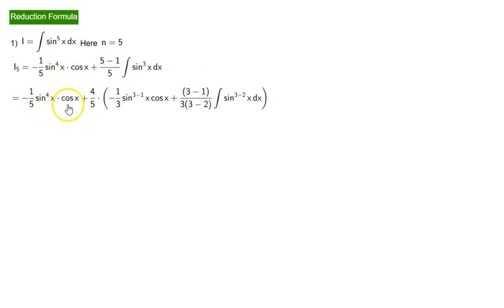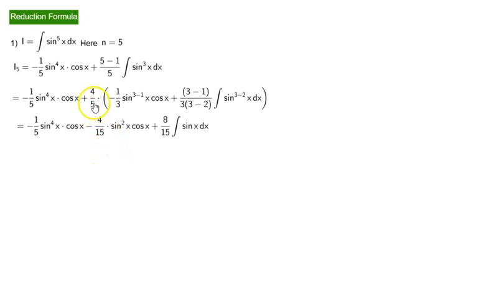First term remains the same, plus this becomes 4 by 5 times, applying the formula again for sine cube x: minus 1 by 3 sine to the power of 3 minus 1 x cos x, plus (n minus 1) by n times (n minus 2), so (3 minus 1) divided by 3 times (3 minus 2), times the integral of sine to the power of 3 minus 2 x dx.